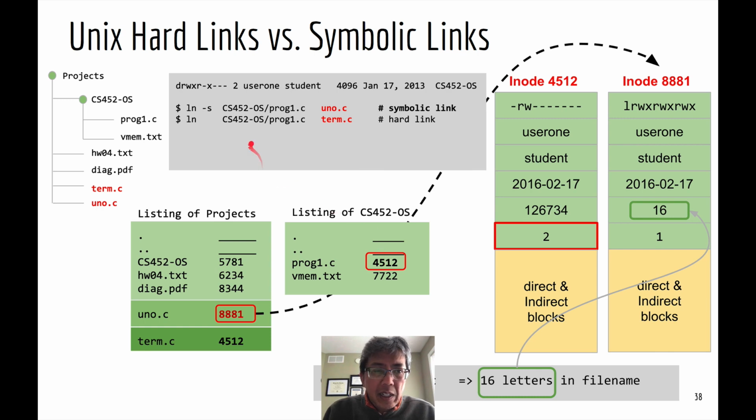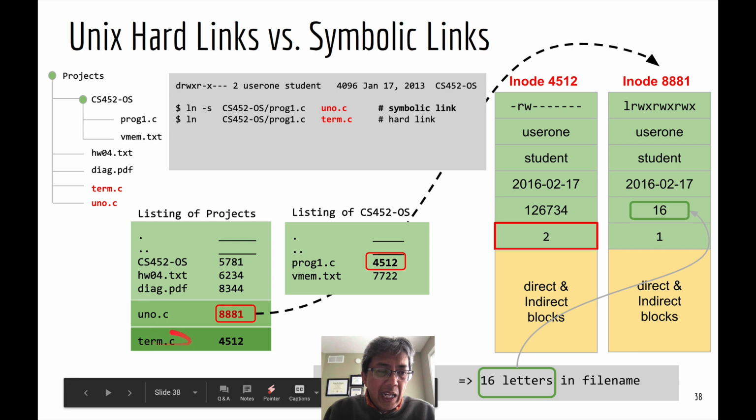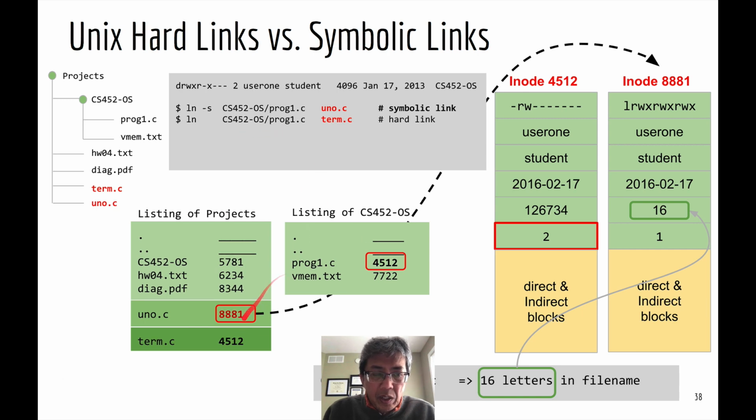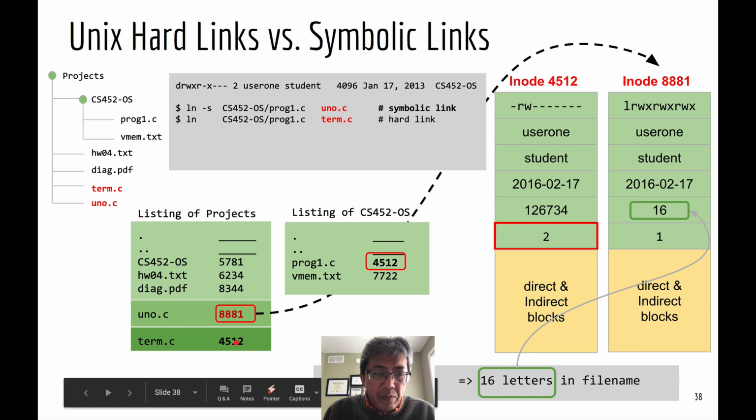So when a hard link is created for term.c, the file system will create only a new directory entry without creating a new file. In that directory entry, the name of the file will be term.c, but the inode number will be the inode of the source file. So that's why you see the number 4512 in both directory entries, for term.c and program1.c.